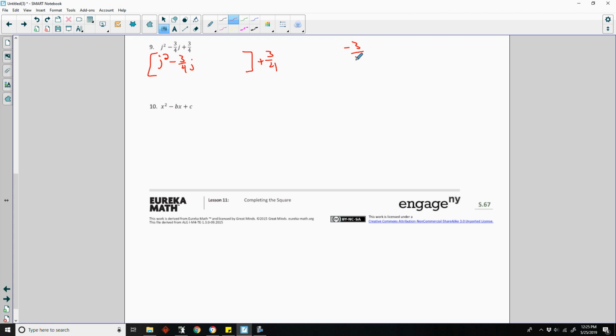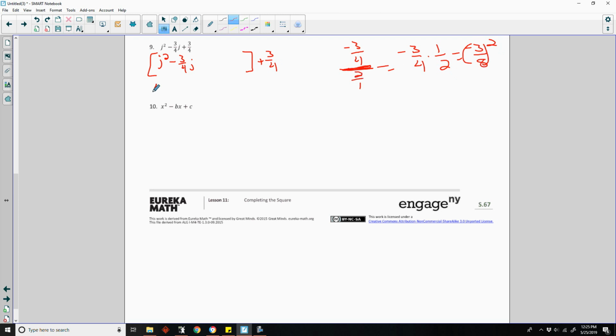Negative 3 over 4 divided by 2 over 1, remember, is equal to negative 3 over 4 times the reciprocal of 2 over 1, or 1/2, which is negative 3 over 8. So half of negative 3/4 is negative 3/8, and then I square that.